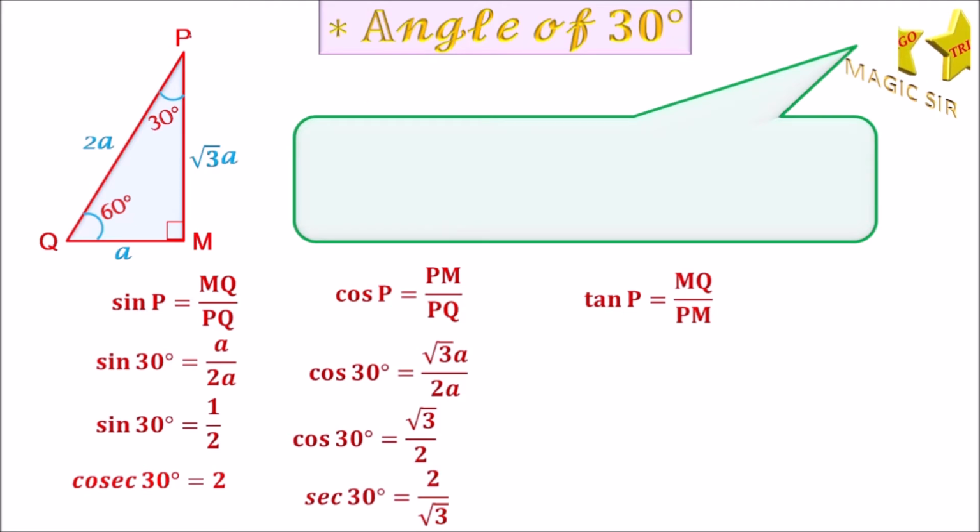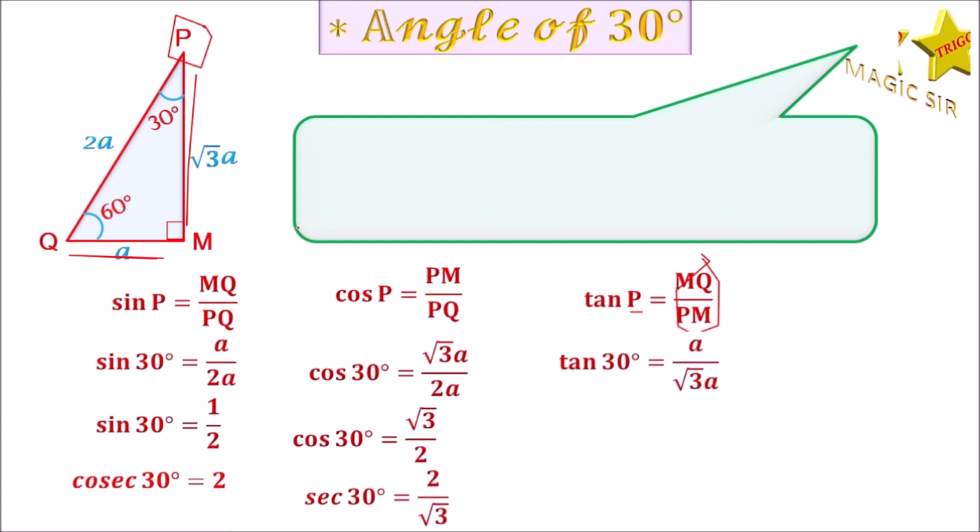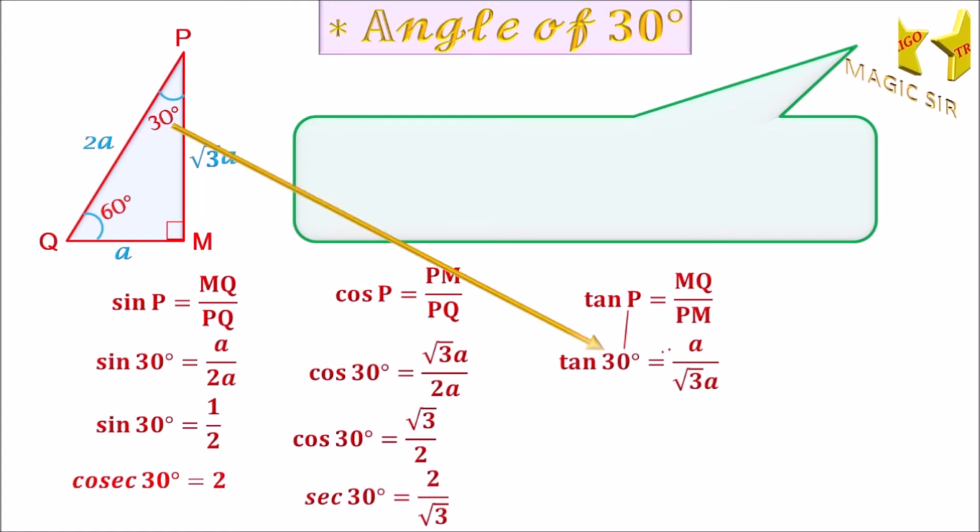Now by definition, tan P is equal to MQ upon PM. MQ is the side opposite to angle P and PM is the side adjacent to angle P. We put P equal to 30 degree.